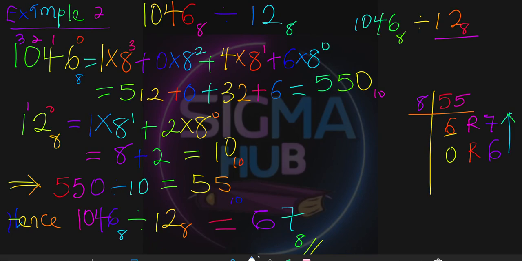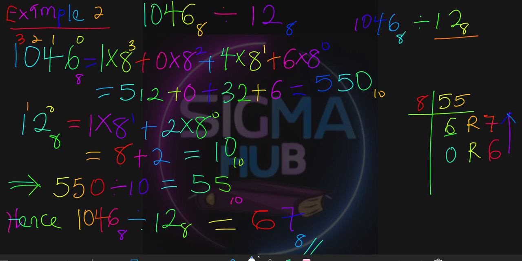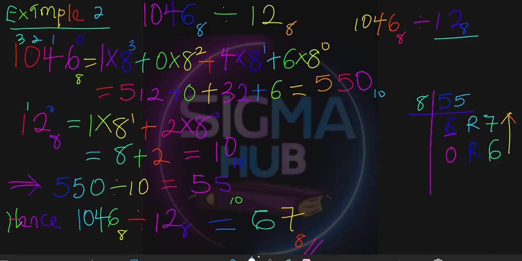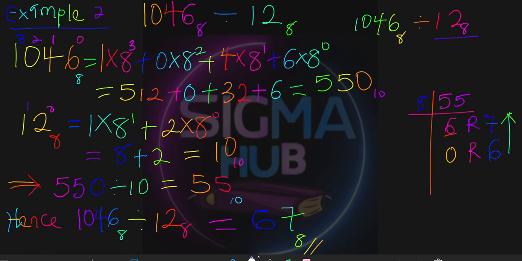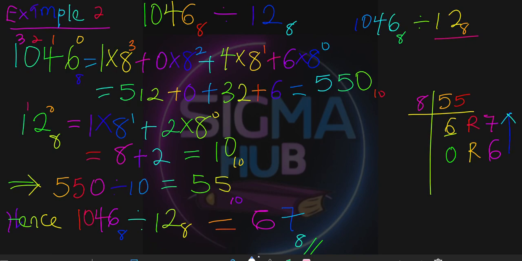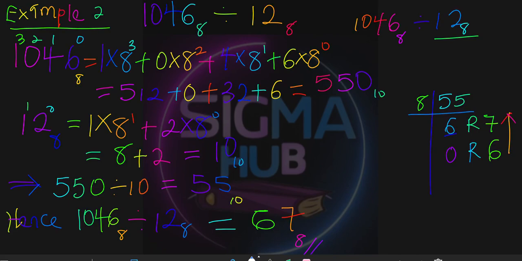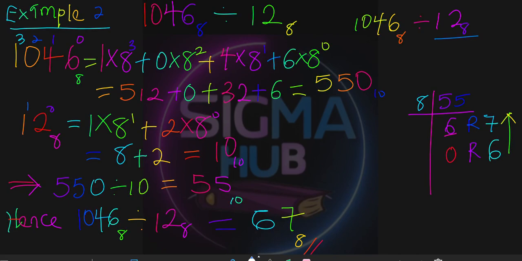And that's how you can easily do whatever problem that you find yourself solving. So it's convert both to base 10 first, do your division in base 10, then convert back to the base you are given. So doing such, you can easily maneuver your way all through.